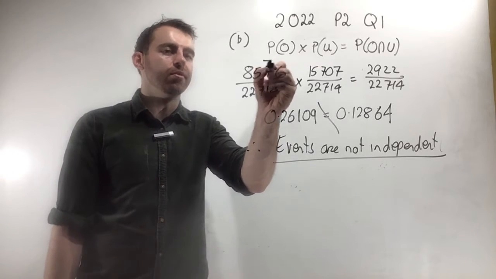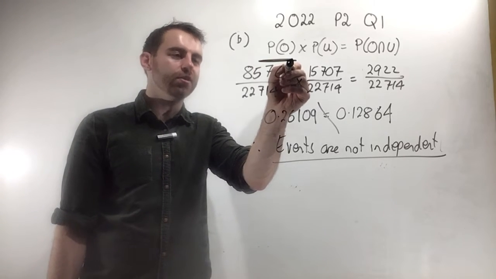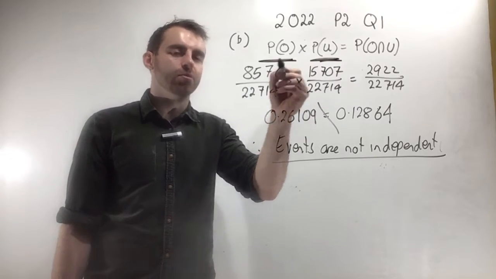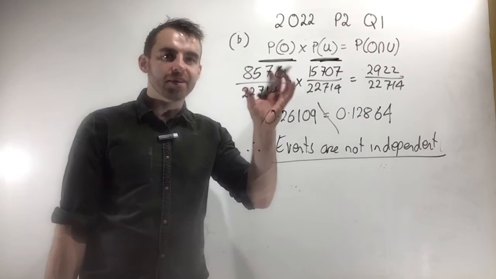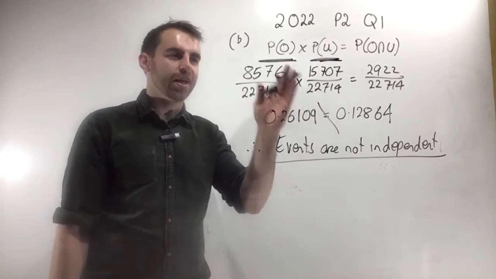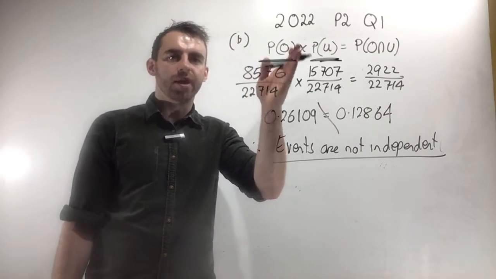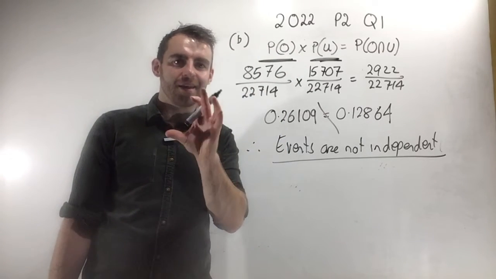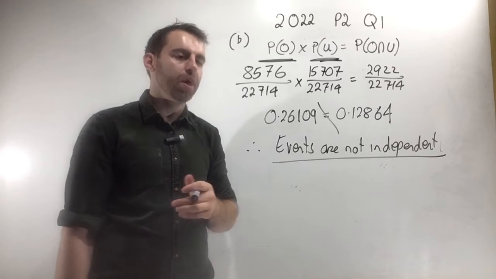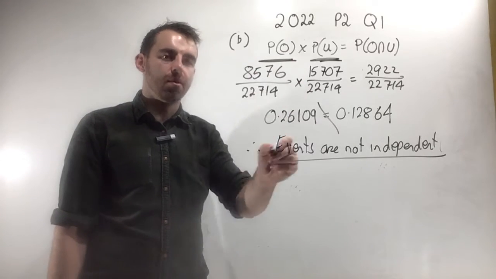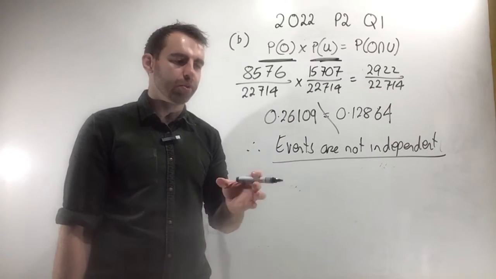So the event that someone is 24 or over, and the event that someone is an undergrad, obviously aren't completely independent. There is a relationship between age and whether you're undergrad or postgrad, but to get the marks you need to do it mathematically to show you know your stuff.